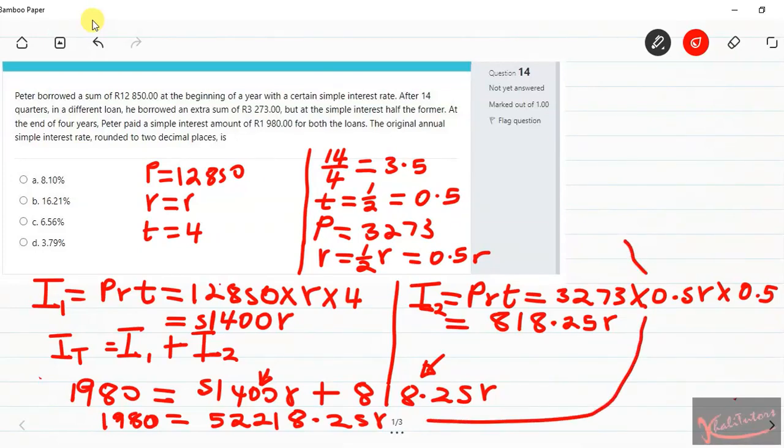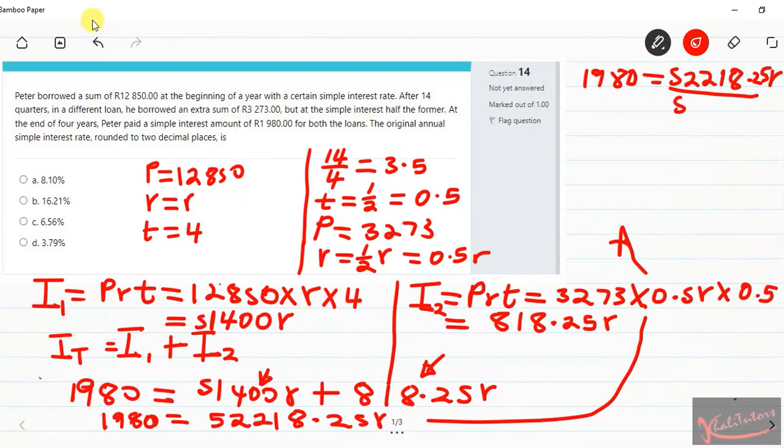So now we have 1,980 equals 52,218.25 R.